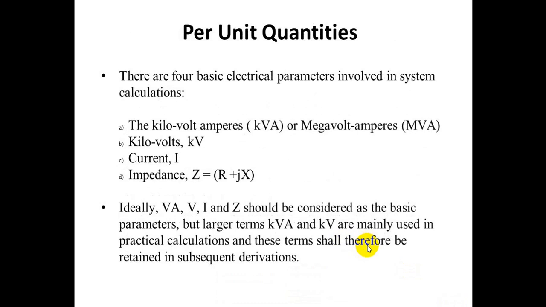There are basically 4 basic electrical parameters involved in the system calculations. The first is kilovolt ampere or megavolt ampere, kVA or MVA normally, and the second is kilovolt, which is the voltage.